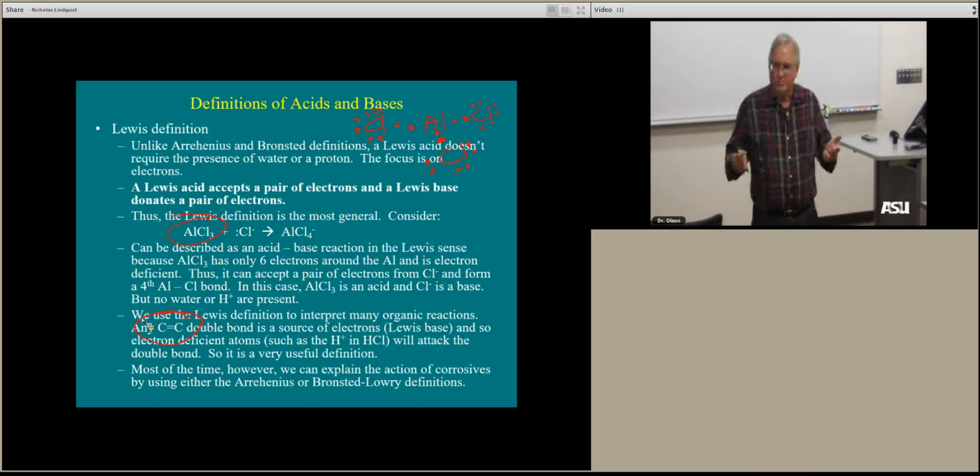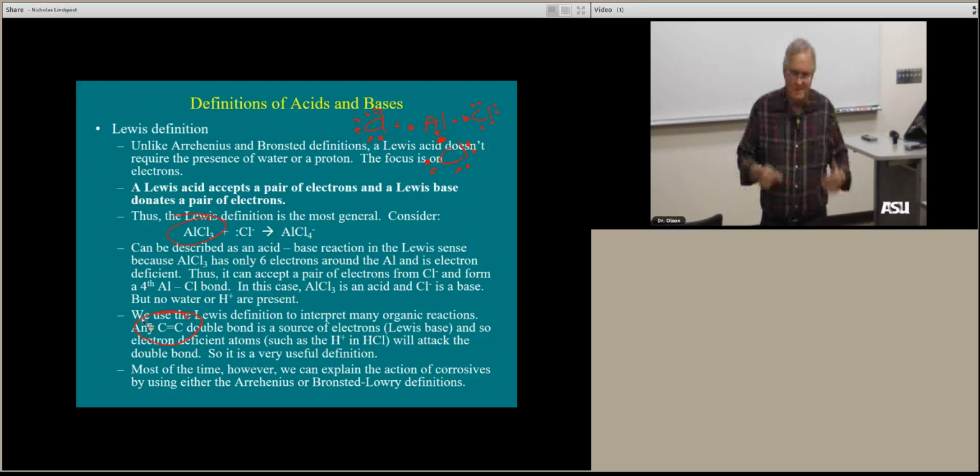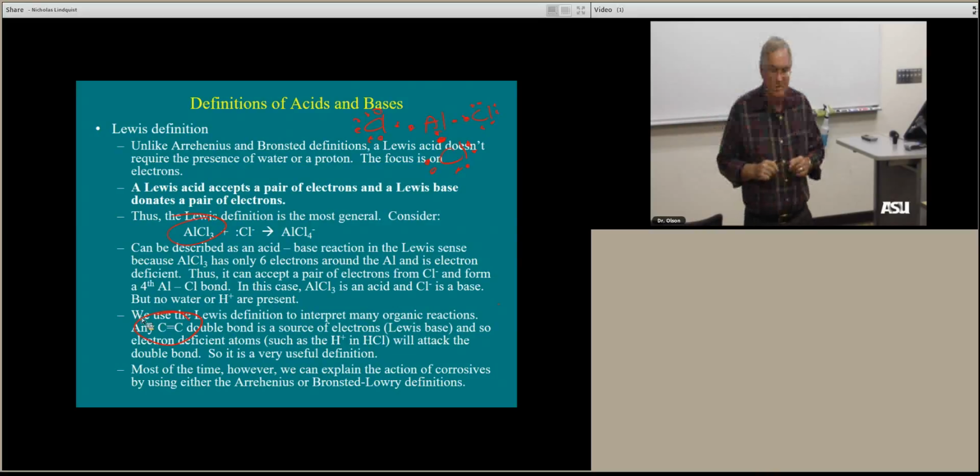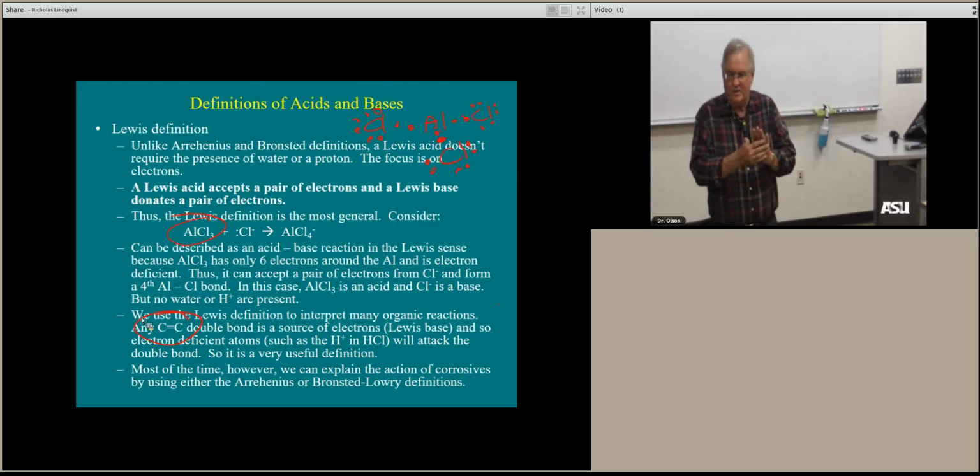It's easier to break than that carbon-carbon single bond in the sigma bond. But that's a source of electron density. They're not lone pairs of electrons. They're not non-bonding pairs of electrons like they were on the chloride ion. But nevertheless, it's a source of electron density. So what do you think would happen if you took aluminum trichloride and reacted it with an alkene, where you had a carbon-carbon double bond?